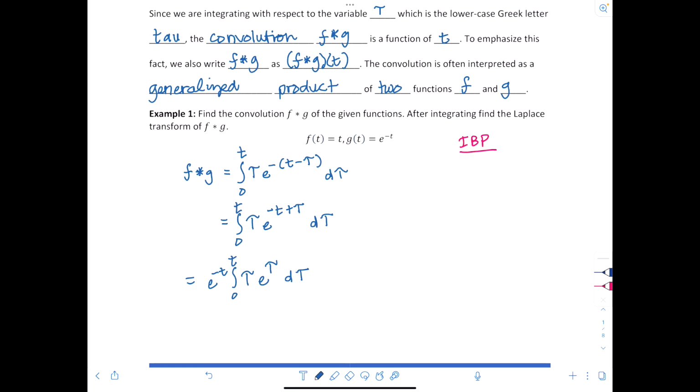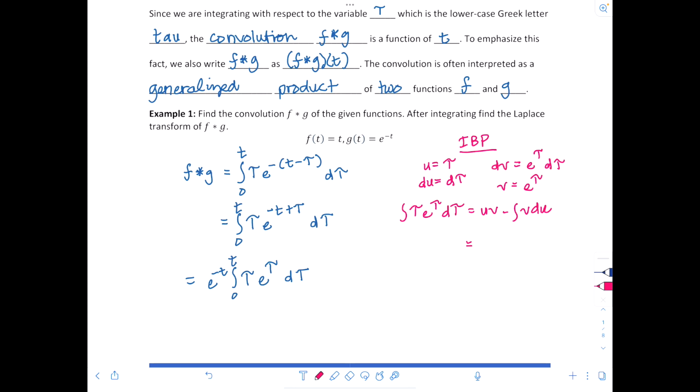It'll be relatively simple. So here u would equal tau, du is just equal to d tau, and then dv will equal e to the tau d tau, so v is equal to e to the tau. Cool? So my integral of tau e to the tau d tau will be equal to u times v minus the integral of v du.